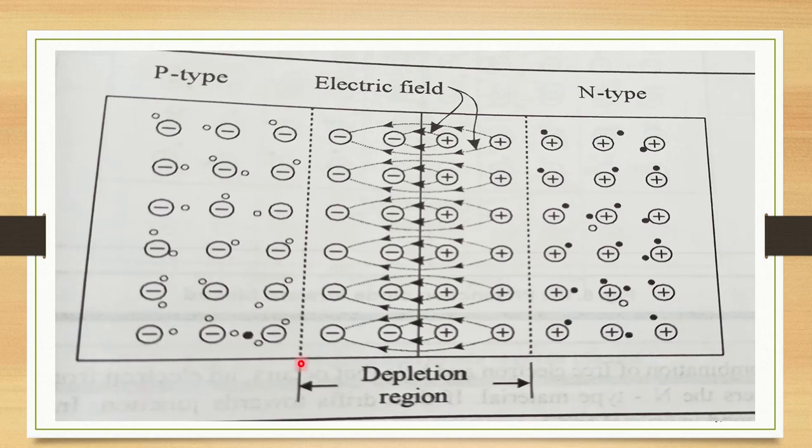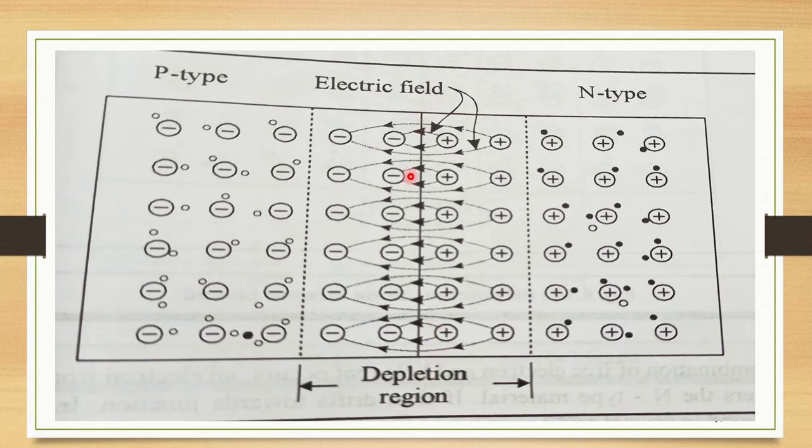Okay, let's see the next. What happens when you put these two close together and join them? The free electrons from N type move to the P type area. P type positive holes move to the N type area, along the thin junction.